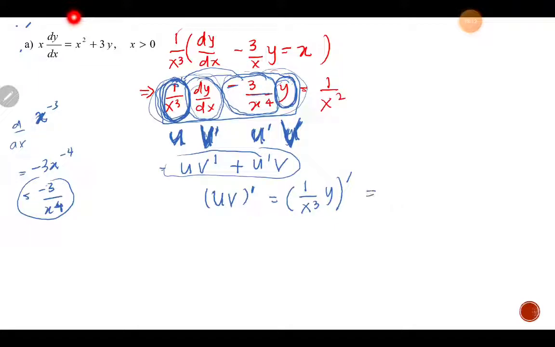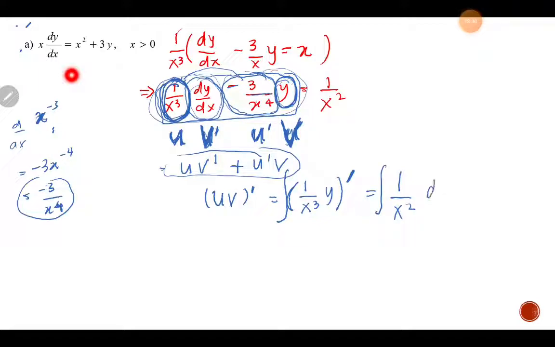Sama dengan 1 over x square. Okay, so daripada sini, maknanya kat sini, okay, this one prime. So untuk get rid of this prime, maknanya kita introduce integration both side.